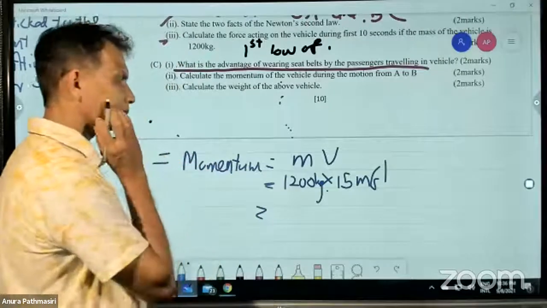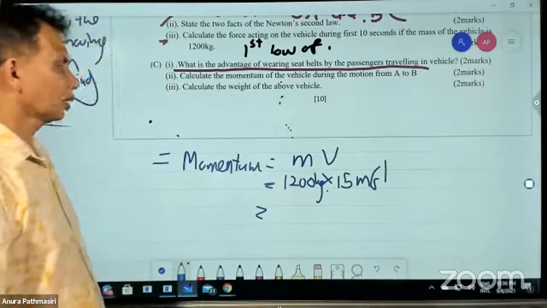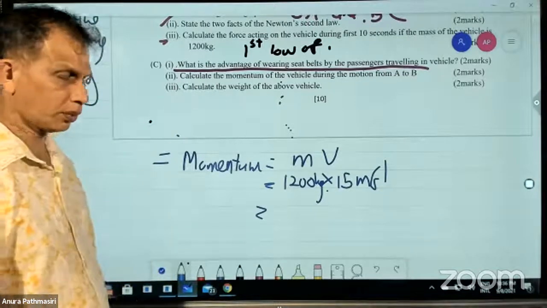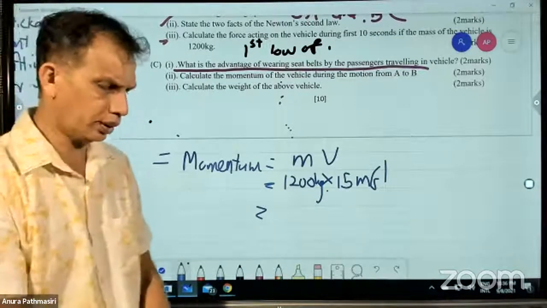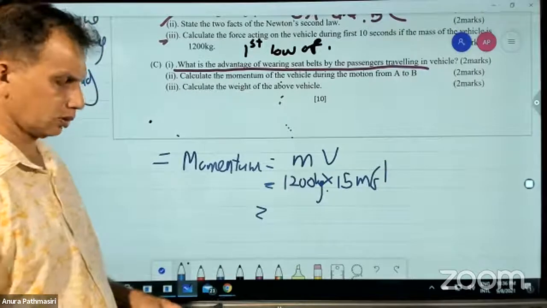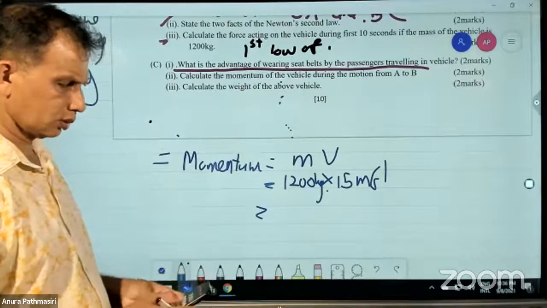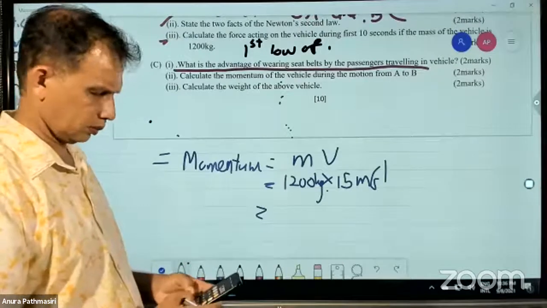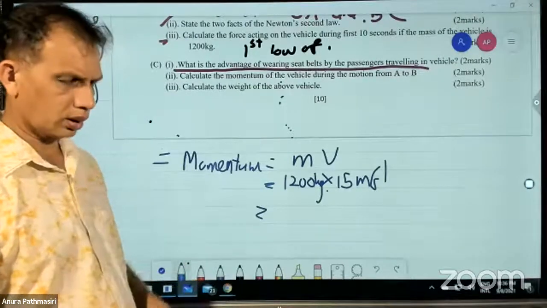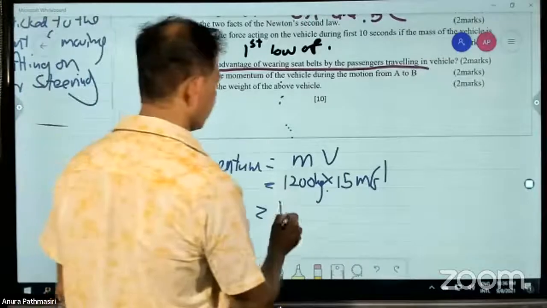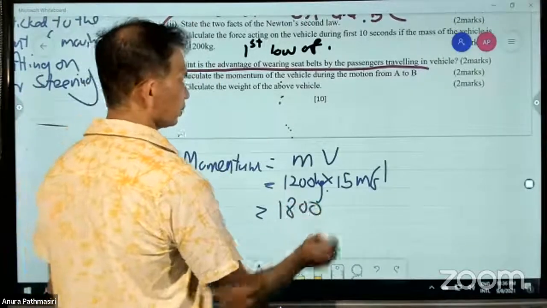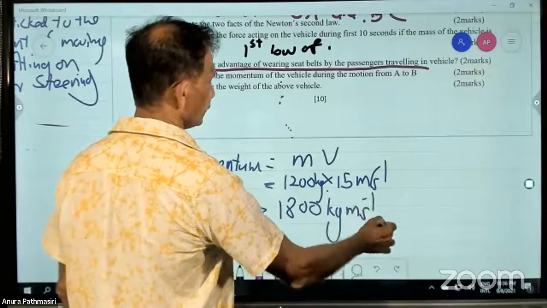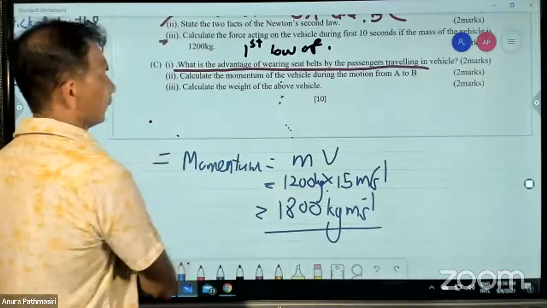So the momentum is the product of 1,200 multiplied by 15, which is 18,000 kilogram meters per second.